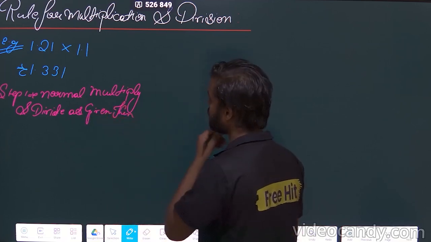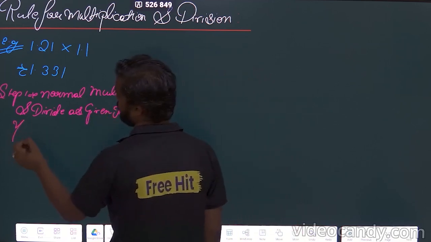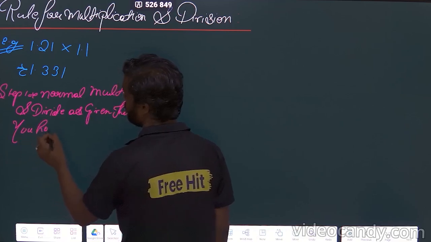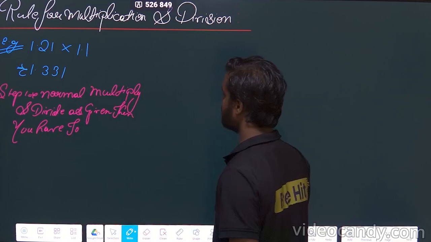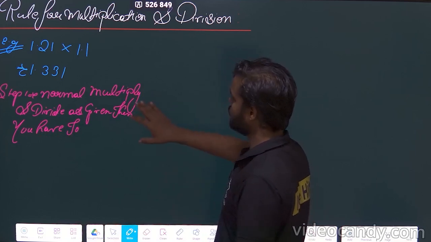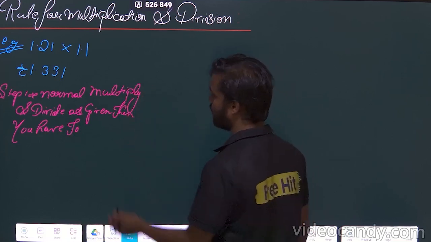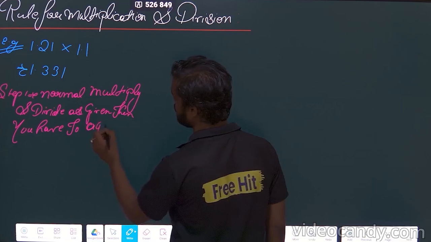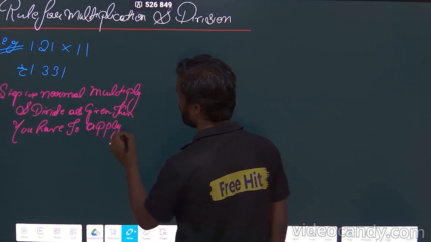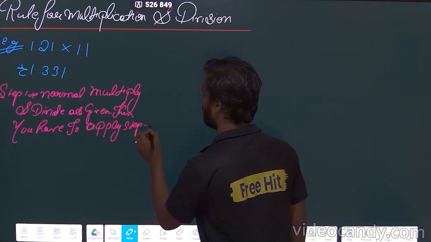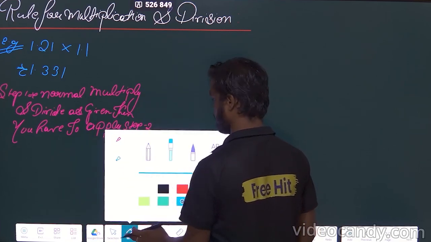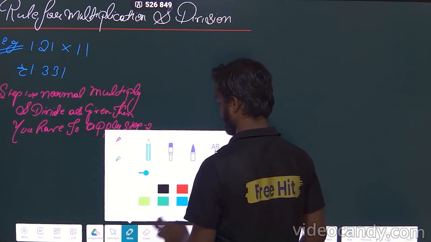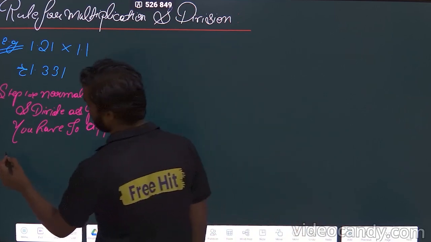Then you have to normally multiply and divide, and then you have to apply the second step. What is step 2? The step 2 is very simple.